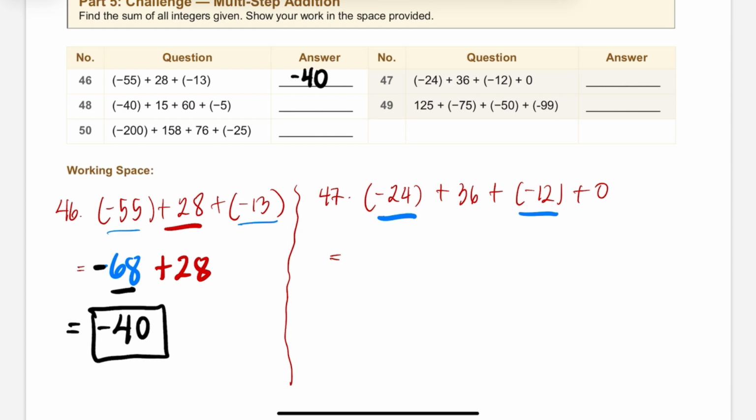Now, 24 plus 12, add them. Answer is 36, and copy the sign, negative. And then the other part would be 36 plus 0. 36 plus 0 is just 36, right? Okay, so we have negative 36 plus 36, which will be 0. We are adding the opposites, which is always 0.